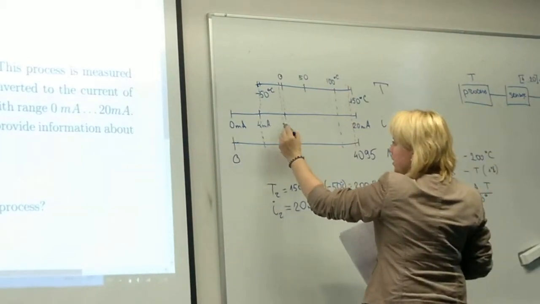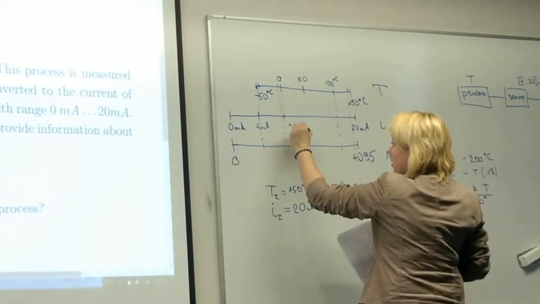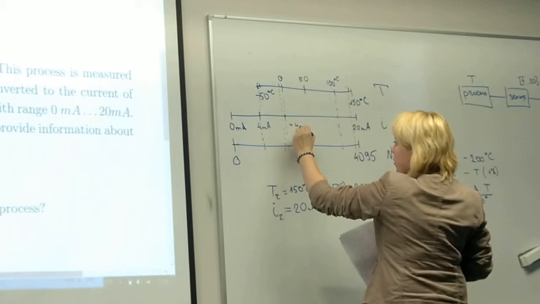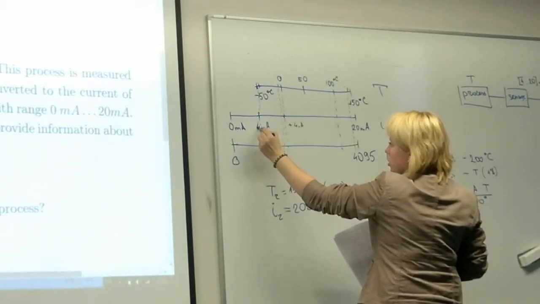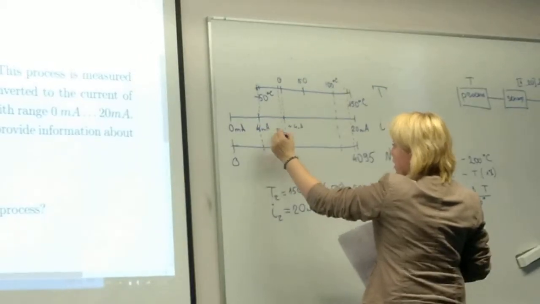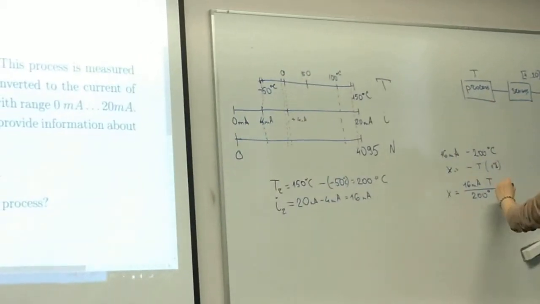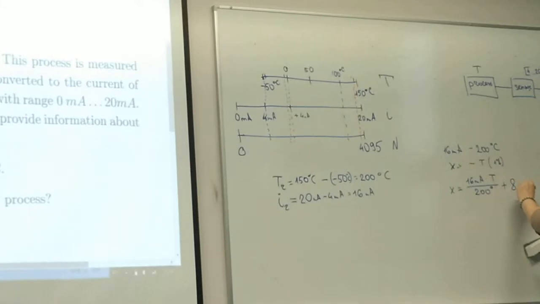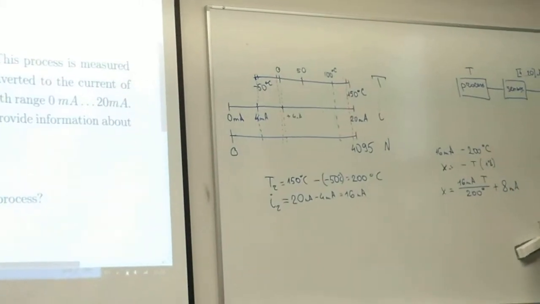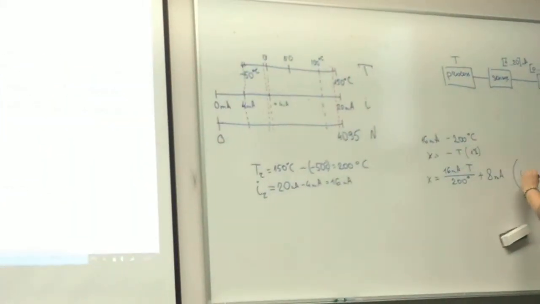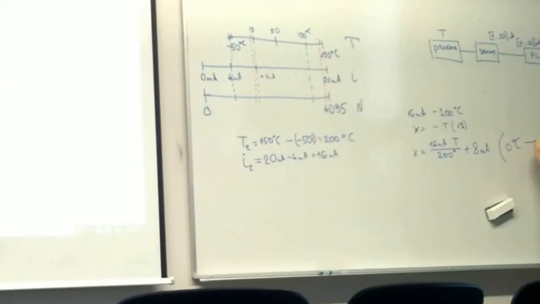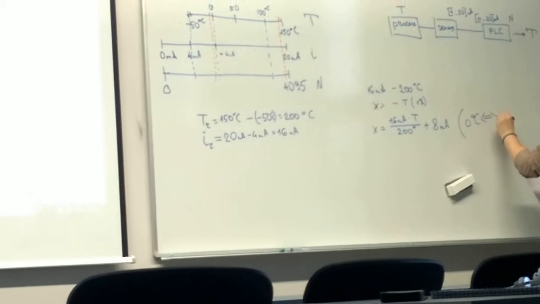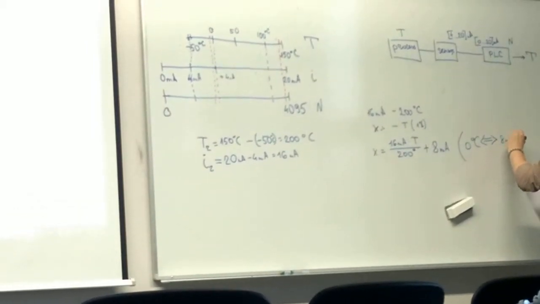Basically, it will be plus 4 milliamperes, with the initial value which we have, 4 milliamperes. So we have 8 milliamperes for 0 degrees Celsius.